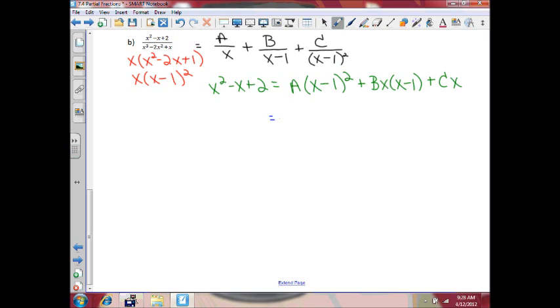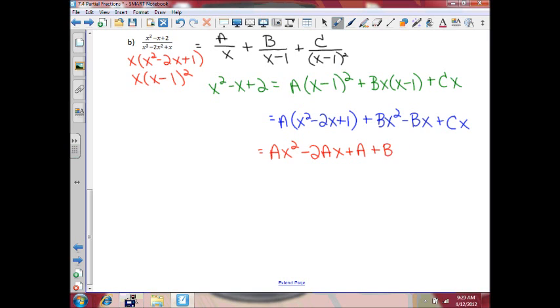So what we'll have is A times x squared minus 2x plus 1 plus Bx squared minus Bx plus Cx. Simplifying this a little bit further, we'll have Ax squared minus 2Ax plus A plus Bx squared minus Bx plus Cx.